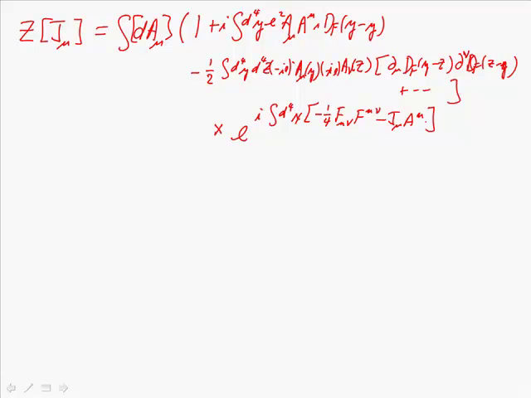Okay, so it's a little painful, but there's all these terms. This is the piece that was the free field case, just the photon. This would give the usual propagator, and these are the corrections.